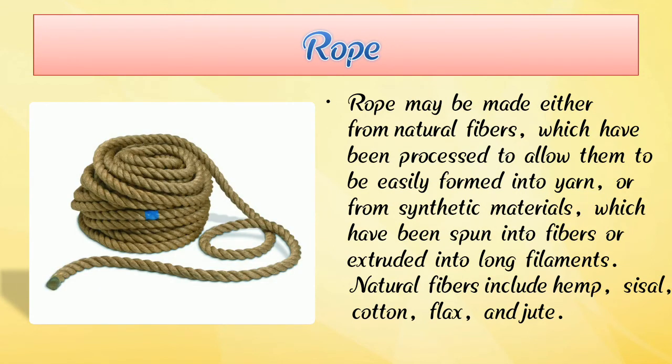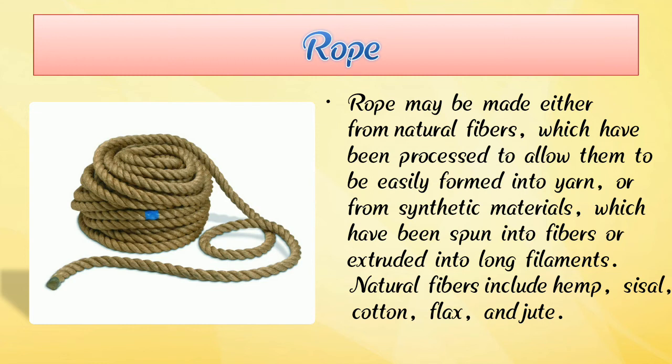So here we find a photograph of rope, R-O-P-E, rope. Rope may be made either from natural fibers which have been processed to allow them to be easily formed into yarn, or from synthetic materials which have been spun into fibers or extended into long filament.